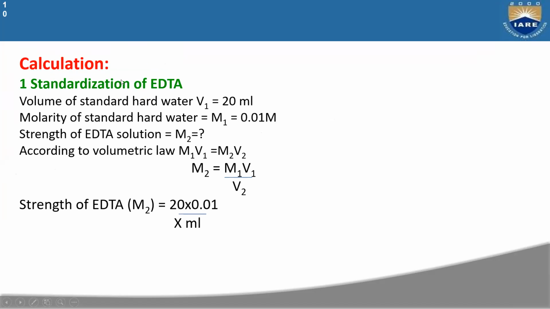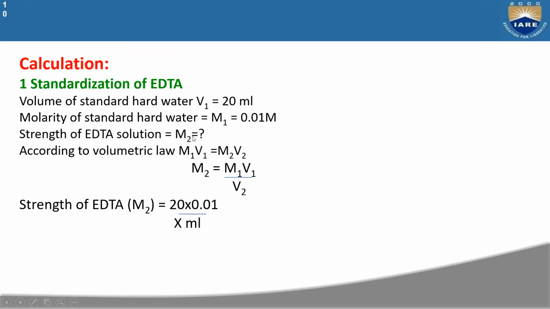Standardization of EDTA, this is the calculation part. Volume of standard hard water, V1, is equal to 20 ml. Molarity of standard hard water, M1, is equal to 0.01. And the strength of EDTA solution, M2, we have to find out.